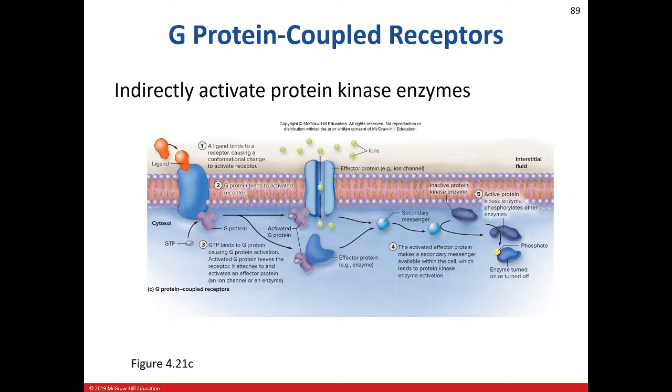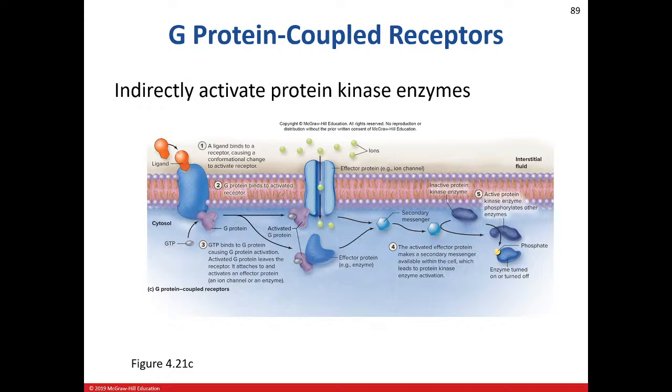A lot of drugs, not all, but many drugs work by activating G protein coupled receptors. And basically, how this works is that the ligand binds the G protein receptor, and that stimulates an intracellular G protein to go off and activate other proteins.